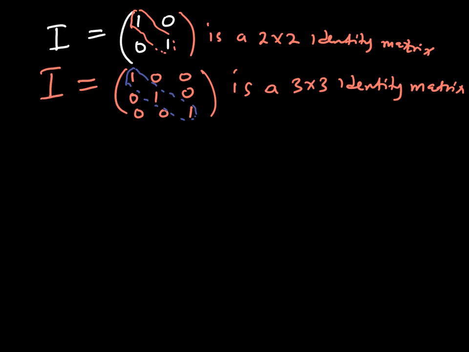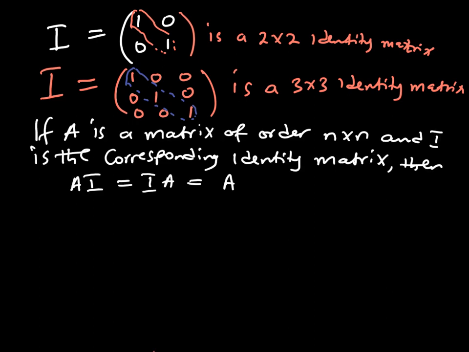It is unchanged. It just yields the same matrix. So let's write down something. This property of identity matrices is so important. Any matrix times any identity matrix is the same as the identity matrix times that matrix, which is the same as that matrix. The matrix does not change.